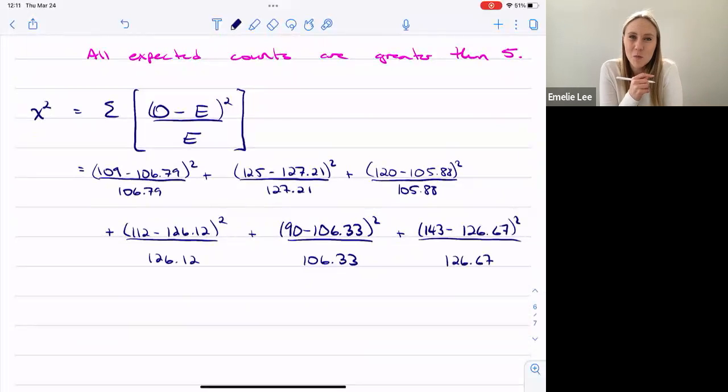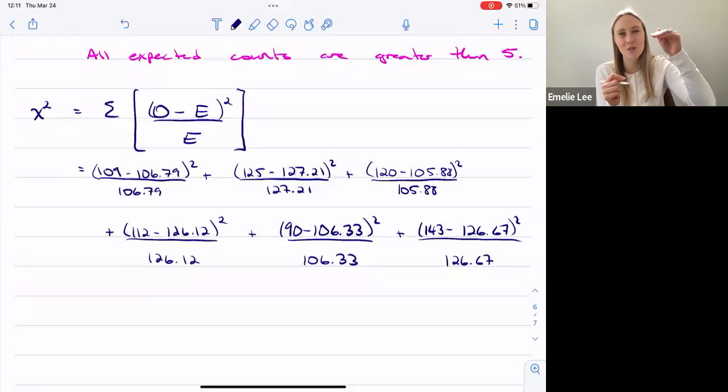Of course, at this point, you're probably thinking, I think I could do this in Excel or in R. You definitely can, right? But I want to show you by hand so that you can just do it. If you prefer to do this calculation in Excel, that would be really easy.